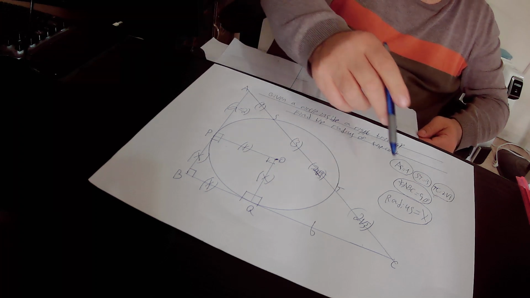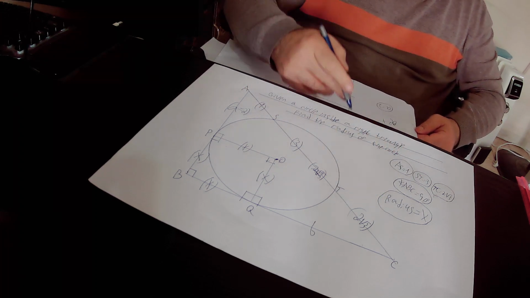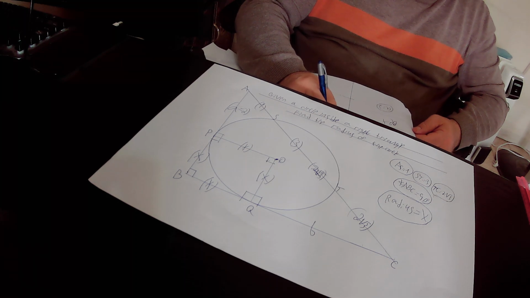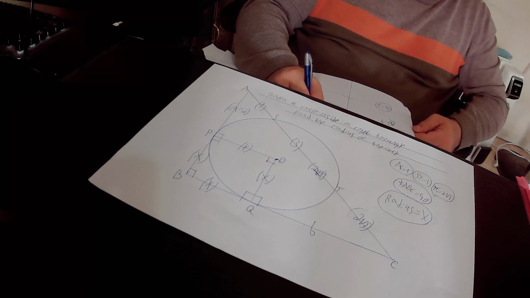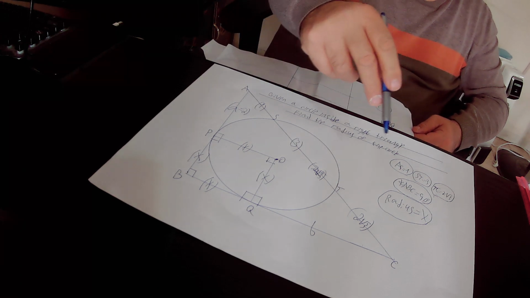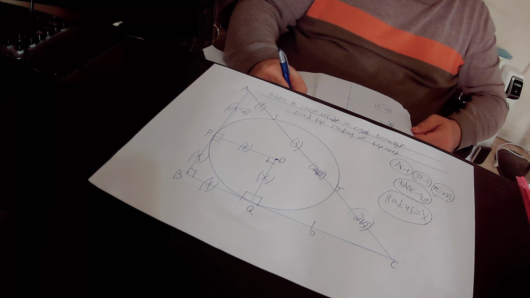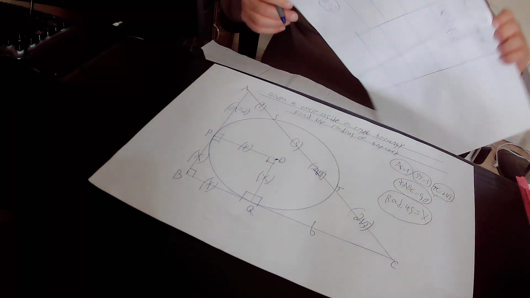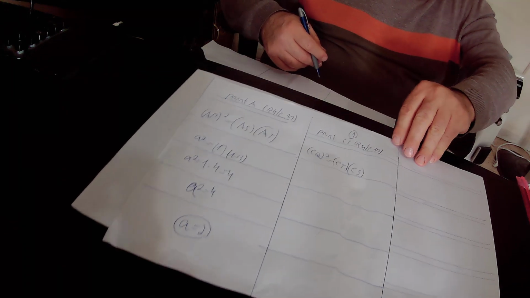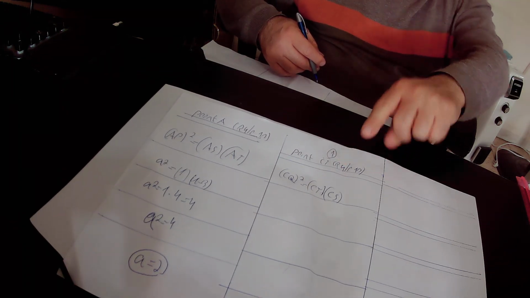According to rule 10, we get that CQ square equals CT times CS.